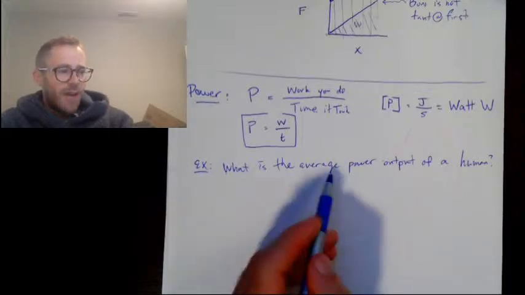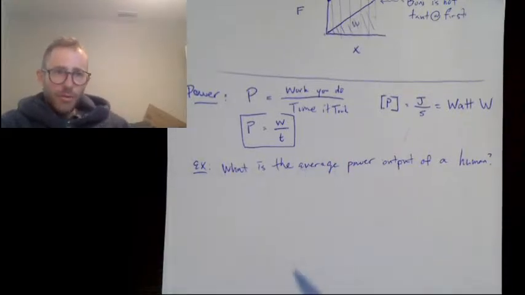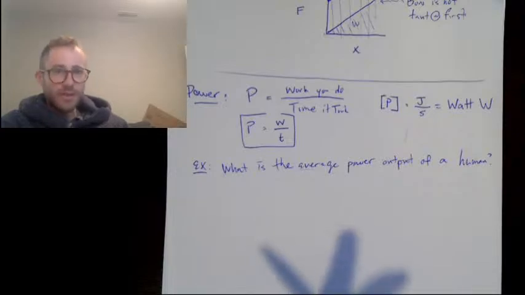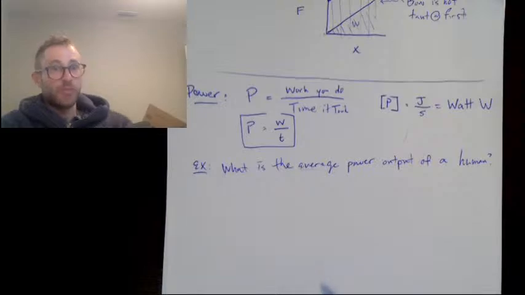Okay, and I say average because the power output of a human can change depending on what the human is doing. If you're sleeping, you're not doing any work, so you have no power output. But if you're sprinting, you know, you're lifting things, then you have a much larger power output. So we're averaging over the entire 24-hour period.